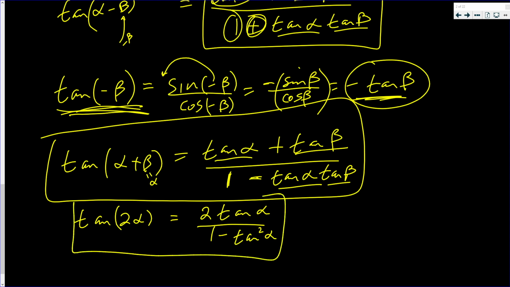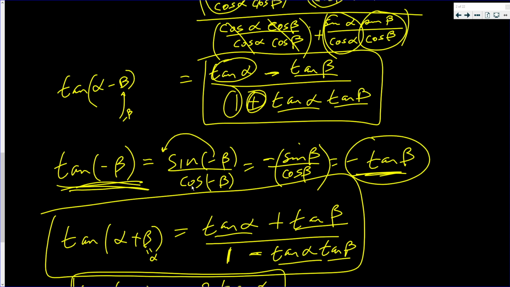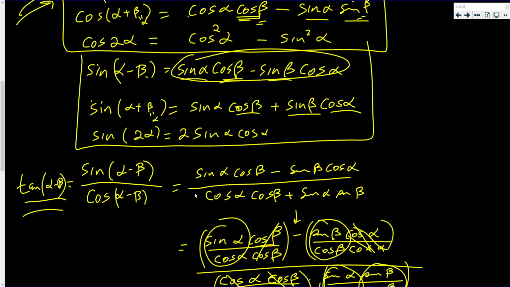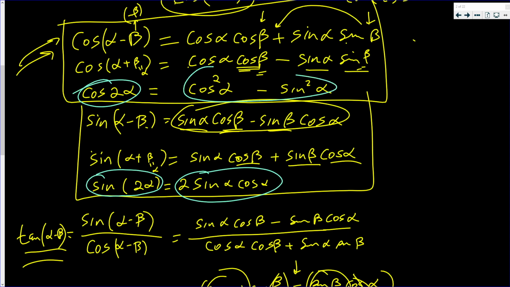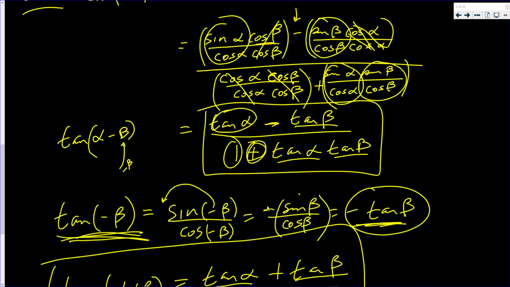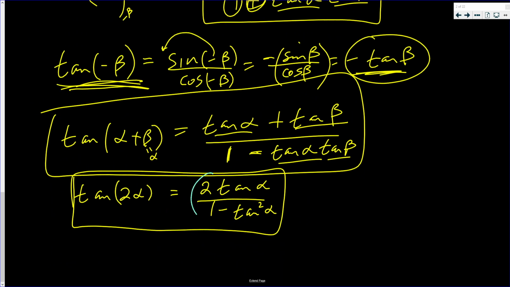And there's the formula for that. And it involves tangents. You could just as easily have said tangent is sine 2 alpha divided by cosine 2 alpha, which is this over that. And that's going to be exactly the same as this.